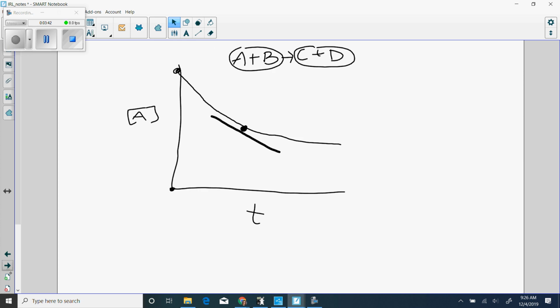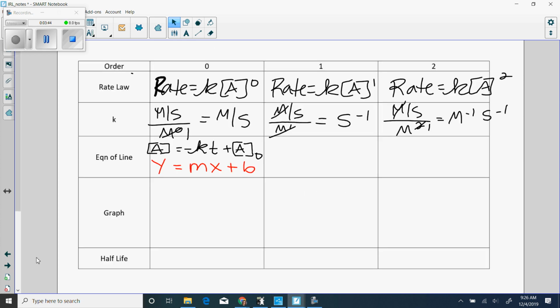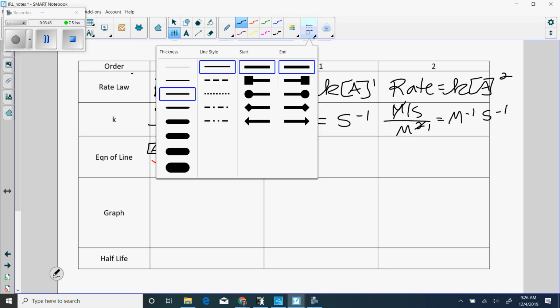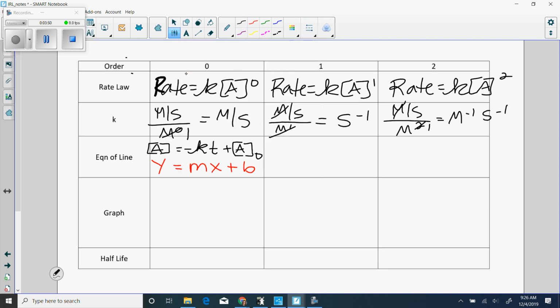If the rate order is 1, now my equation is going to change because remember this is all kind of calc based. So it's going to be the natural log of the concentration of A equals negative KT plus the natural log of the initial concentration, which means sub-zero.